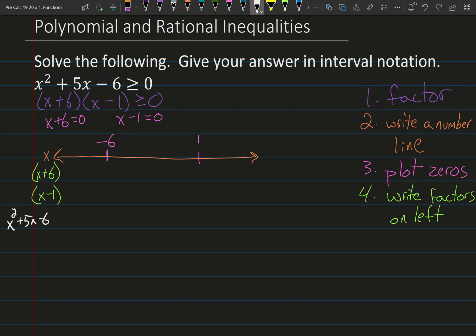So then from here, we are going to plot the zeros again, but later in the chart.